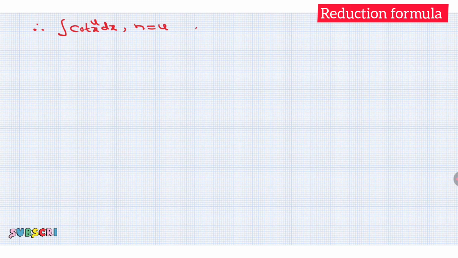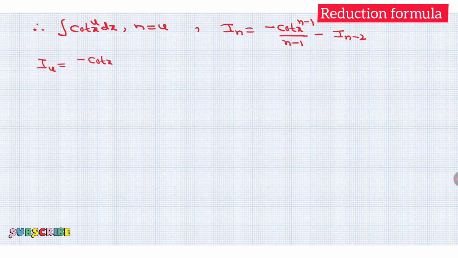Our reduction formula for cot x is I n equal to minus cot x power n minus 1 by n minus 1 minus I n minus 2. Using this formula I4, n equal to 4, is minus cot x power 4 minus 1 is 3 by 3 minus I2.